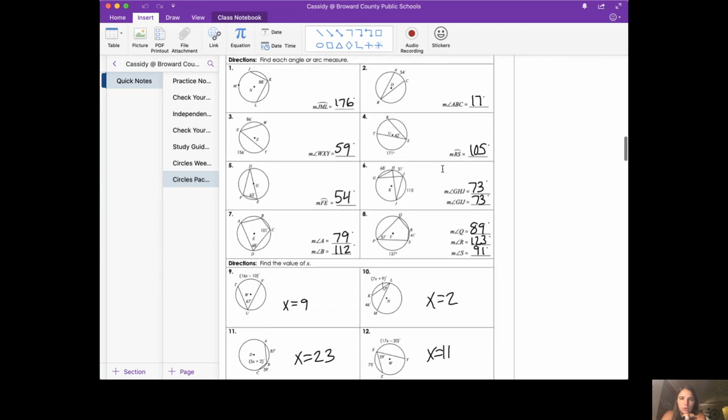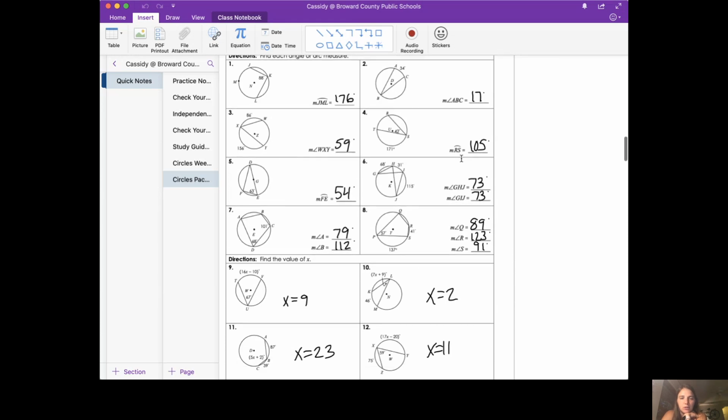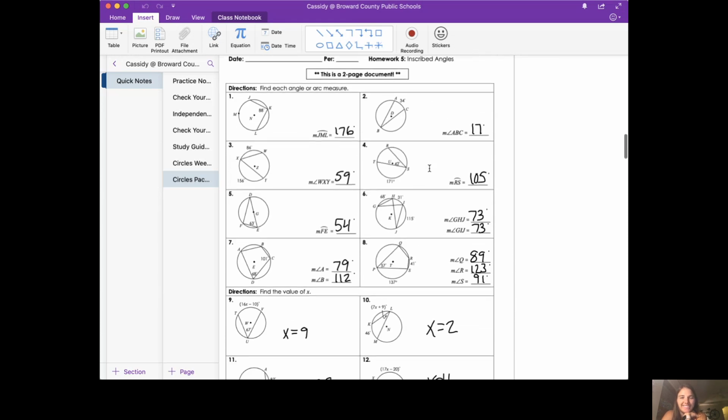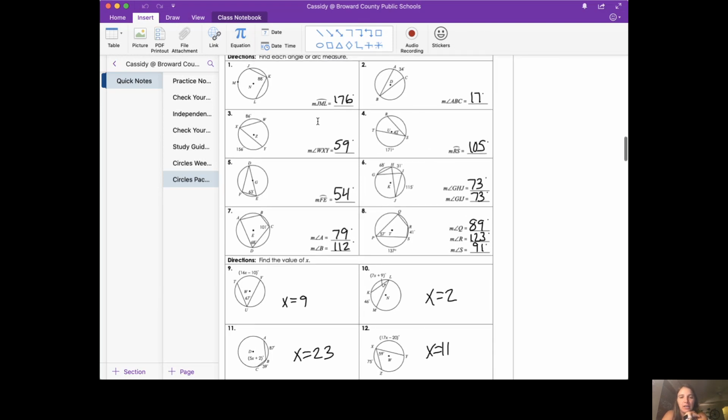All right, so this was that circles, homework 5, inscribed angles. Oh, there's the code word. But here's the answers. If you have questions on how I did them, you can message me on Remind and I can have a detailed description on how to do that. So if you want to look at these answers, pause the thing.